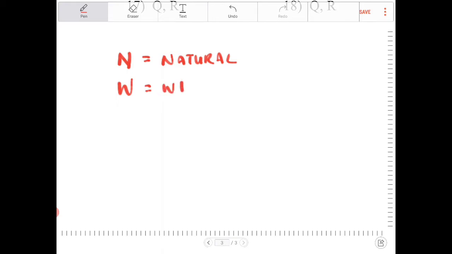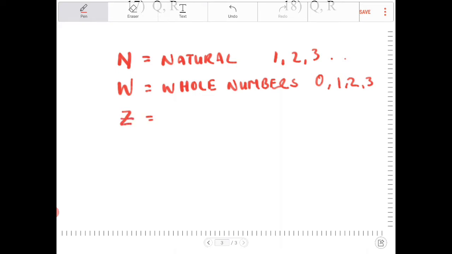So this is 1, 2, 3, and this is 0, 1, 2, and 3. The next progression after whole numbers is integers, which is Z, which just looks really odd. These are -2, -1, 0, 1, 2, and so forth.